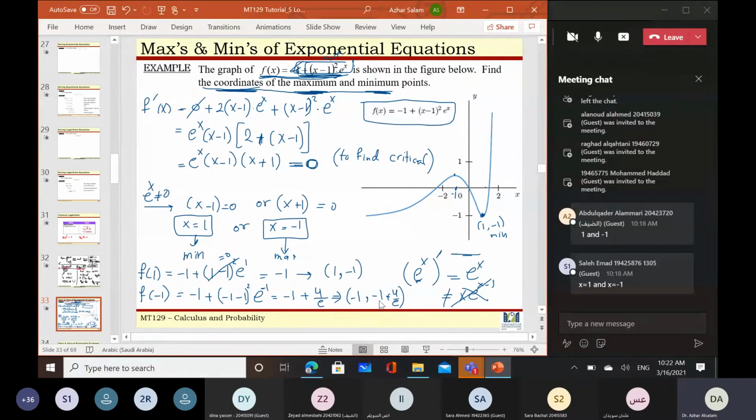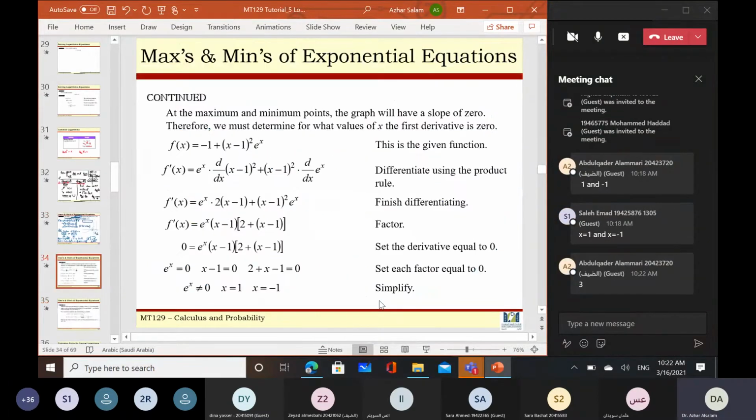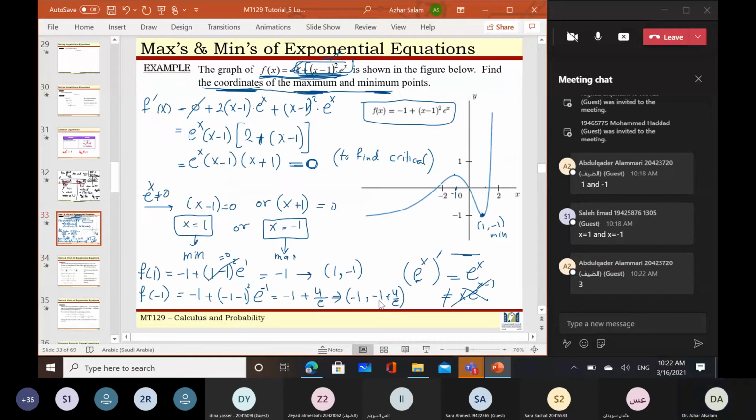That was the complete answer. Not 3. Here the 4 is divided by e. I have to divide 4 by e first, then add minus 1. 4 divided by e is 4 divided by 2.7 approximately, so it's less than 2.